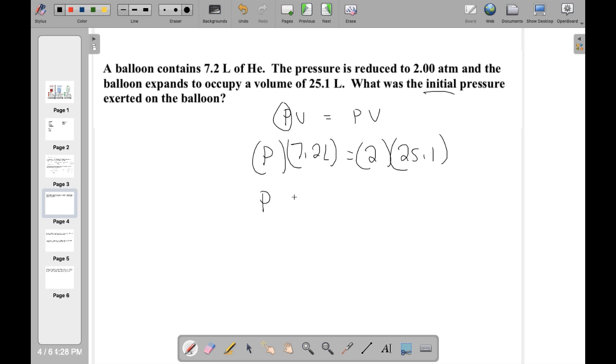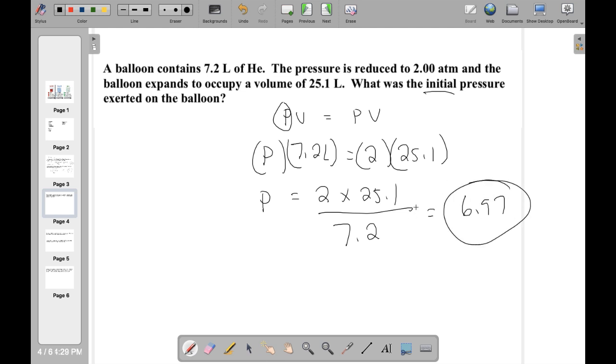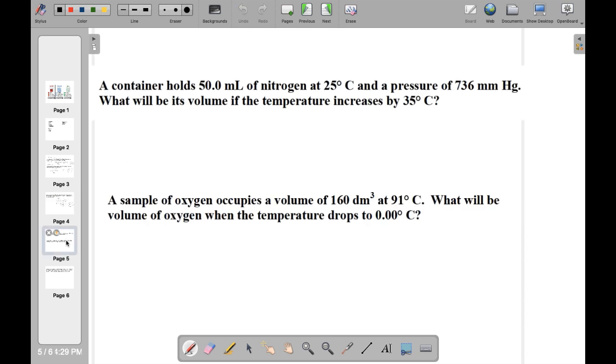So my pressure is going to equal 2 times 25.1 divided by 7.2. And if I do that math, I will get 6.97, which is my answer. Okay, that's as simple as it gets. That's Boyle's law. Now let's go down to a second law.